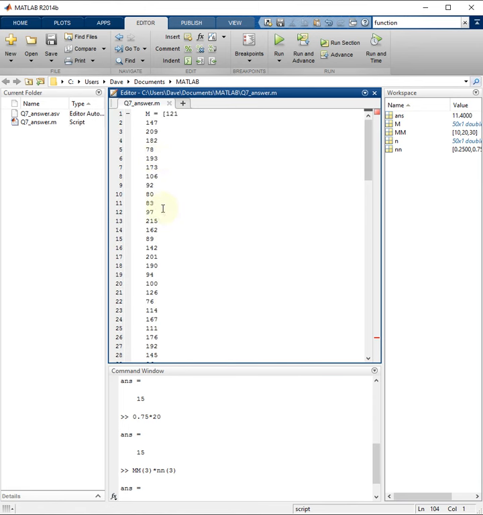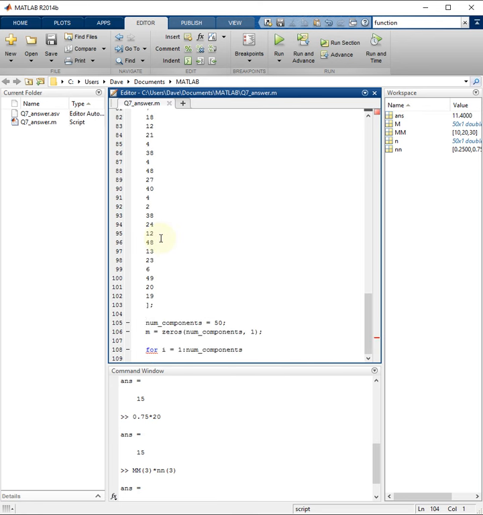Then I'm going to loop again, and I'm going to multiply the second row of capital M with the second row of small n, and so on, up until 50, number of components. So what I really am trying to write is M of i times n of i.